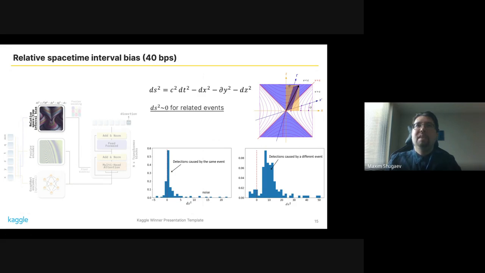By computing the space-time interval between all detections in a given event, we can easily distinguish detections caused by the same neutrino from noise. And this space-time interval can be naturally added to the transformer as a relative bias, so the transformer is able to group detections based on the source event. Could you go next? Yes.